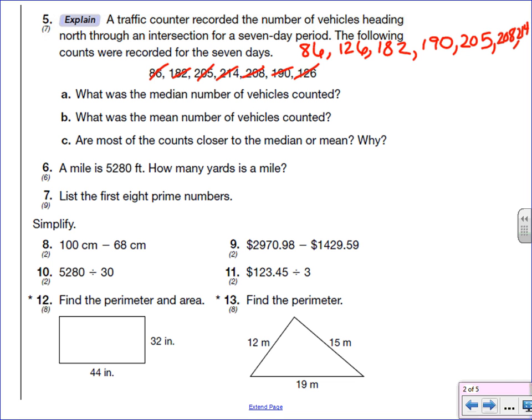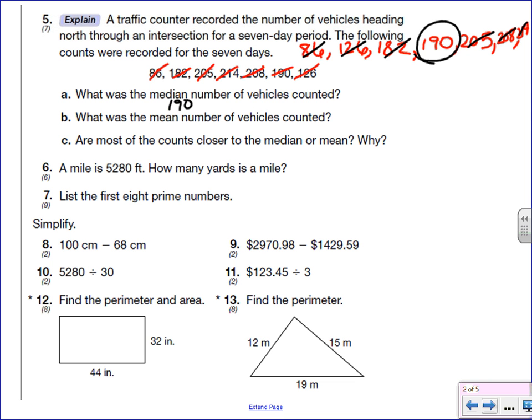So to find the median now, we take 1 off of each end, so 86 and 214, 126 and 208, 182 and 205, and our median is 190.